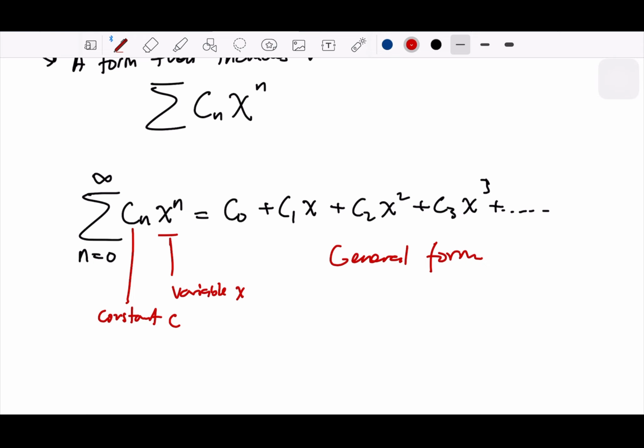If you notice, it resembles polynomials, right?